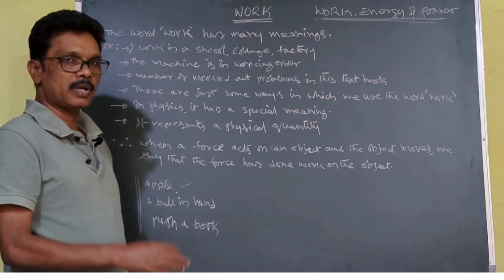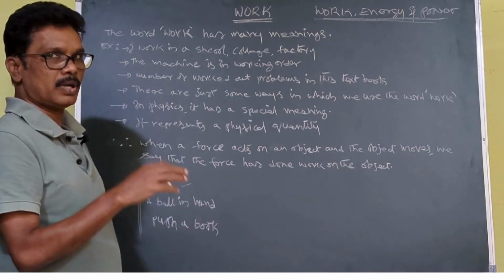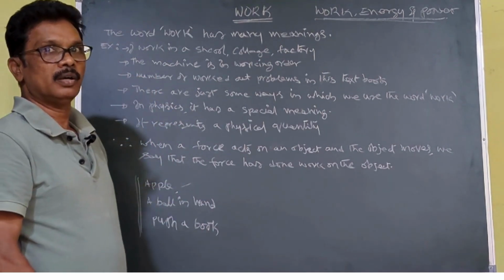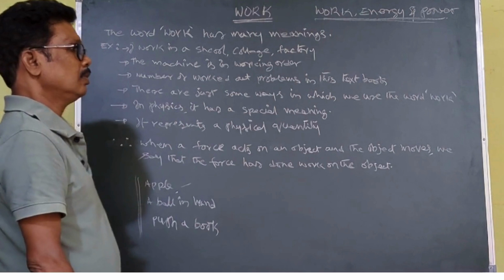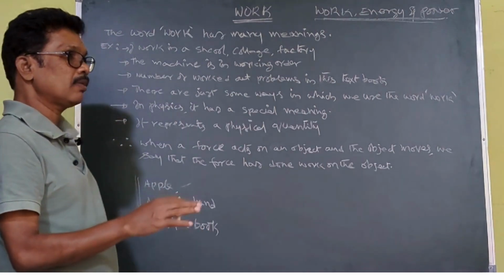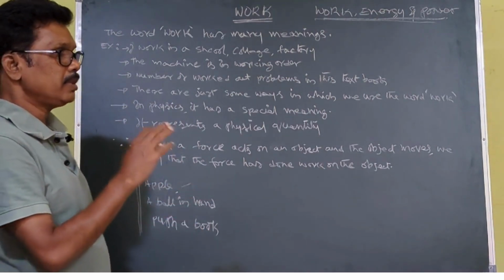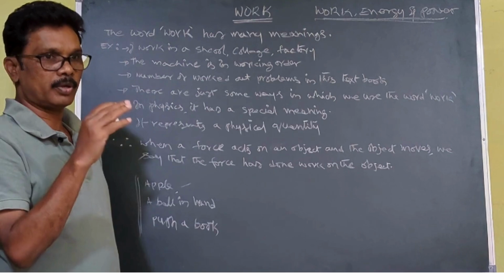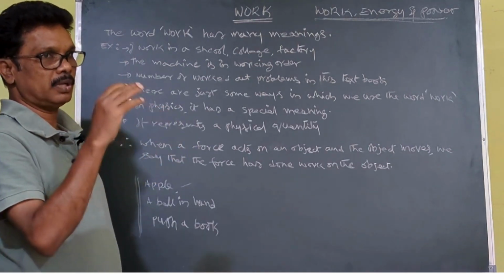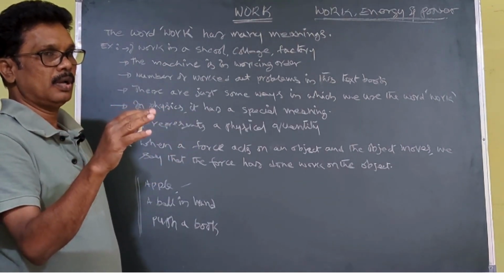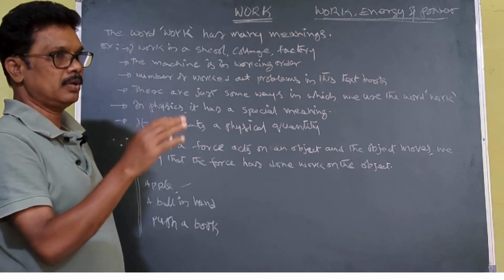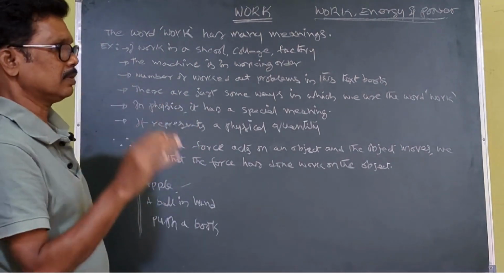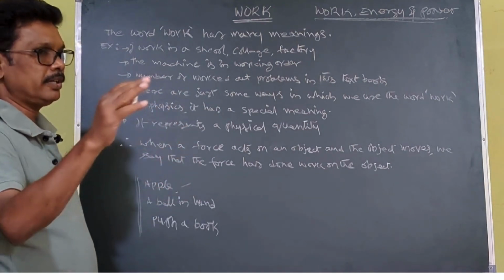That force did work on the apple, because of that the apple falls down. So whichever way a force is applied on a particular object, that object gets displaced, which means the force has done work on that object.